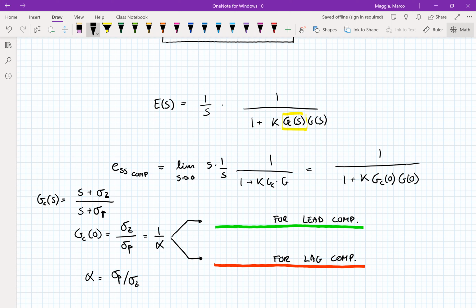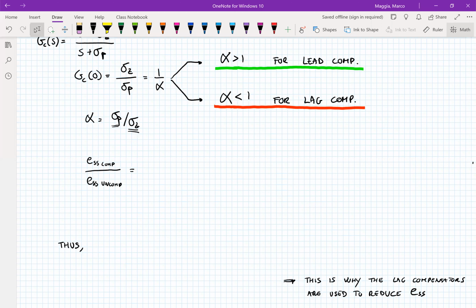So for alpha greater than 1, we have a lead compensator because the value of sigma p is greater than the value of sigma z. And when we have the opposite, that is when alpha is less than 1, then we're talking about a lag compensator.